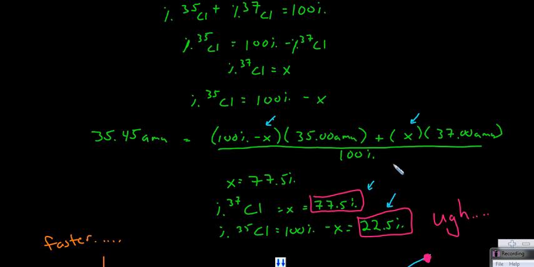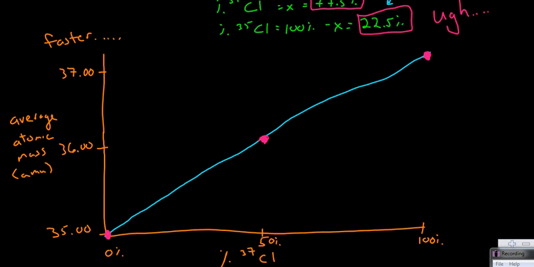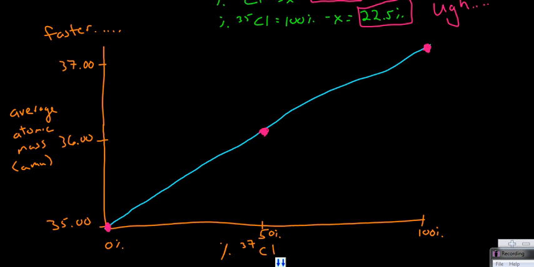And so I'd like to introduce to you another way of solving a problem like this, where we're asking what percent of two different things do we have. There is a linear relationship between the average atomic mass and the percent of each isotope.